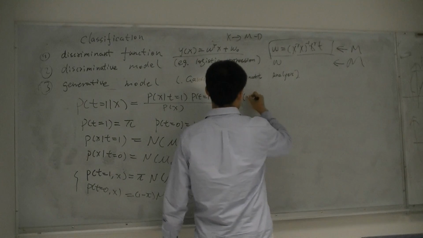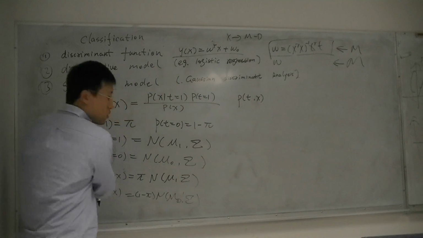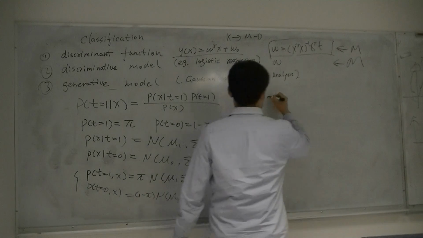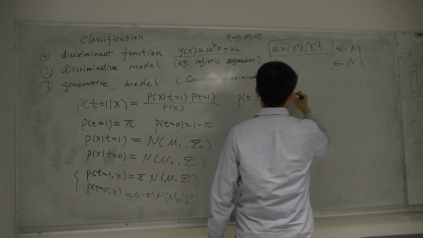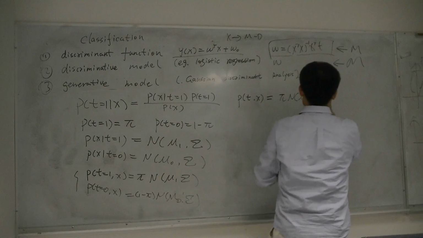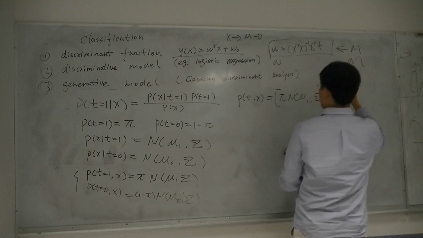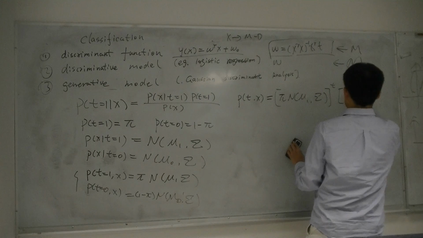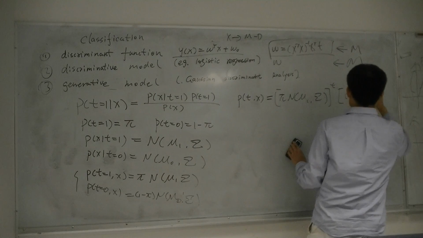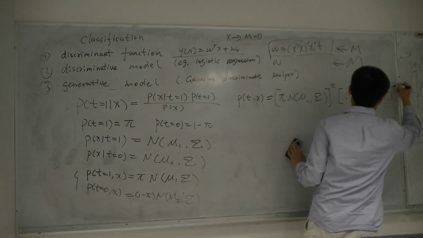What's the joint distribution of t and x? It's a Bernoulli-type distribution: p(t, x) equals pi N(x | mu1, sigma) to the power t, times 1 minus pi N(x | mu0, sigma) to the power 1 minus t.